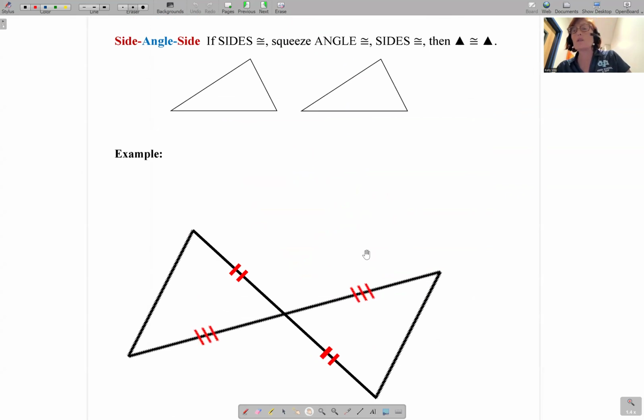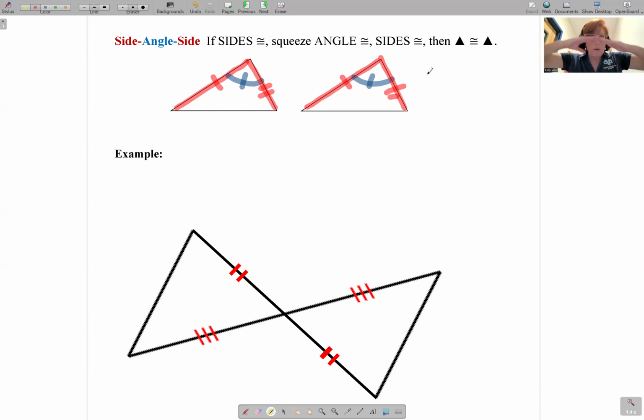Then you have what's called side angle side. It looks like this. If you get your hands out, if you have a pair of sides and then an angle and then another pair of sides, go like this, say squeeze the angle, squeeze the angle.